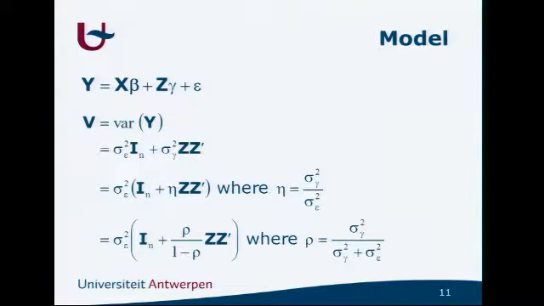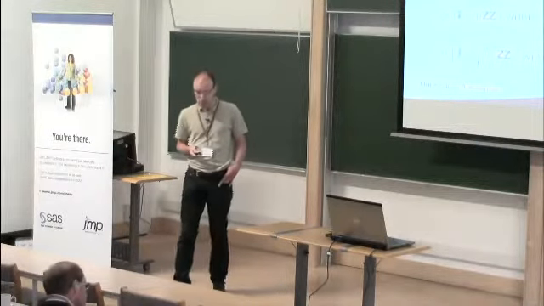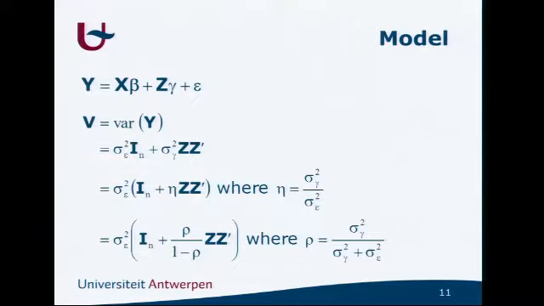We can do this also in another way. We can make use of the so-called intra-class correlation coefficient, which I denoted by rho here. And in that case, the variance-covariance matrix looks like this. And rho is sigma squared gamma divided by sigma squared gamma plus sigma squared epsilon. That's an alternative way of writing this variance-covariance matrix.